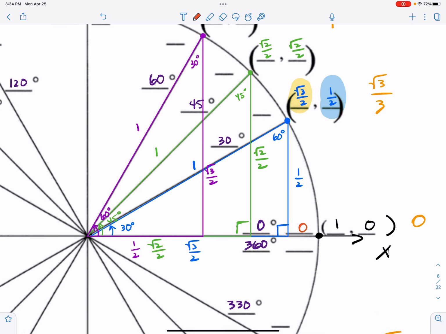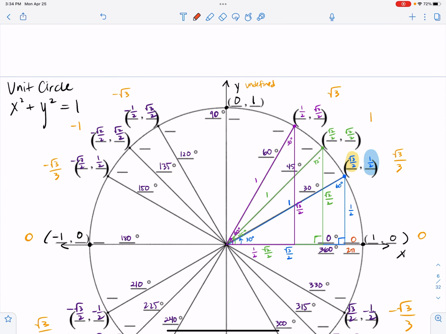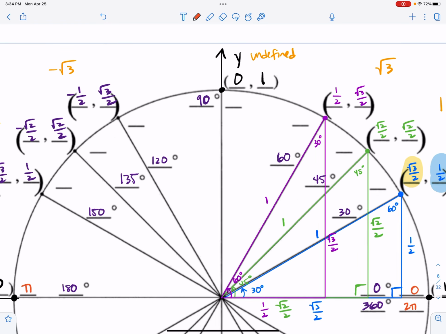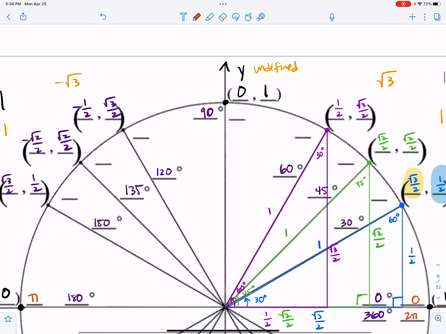And we just said that 360 degrees is equal to 2 pi radians, which means that 180 degrees would be half of that, and it would be pi. 90 degrees would be half of 180 degrees, which would be pi over 2 radians. 30 degrees is 1/6 of 180 degrees, so we could write 30 degrees as pi over 6 radians.